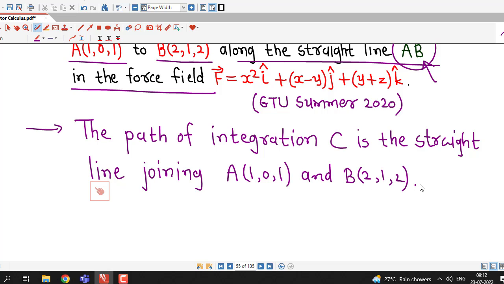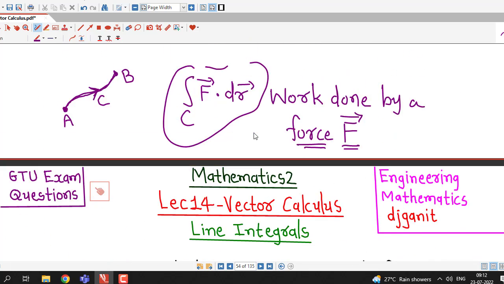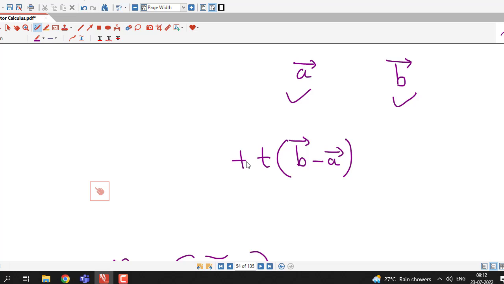So first we have to decide the parametric representation for this line AB. As we know, if we have two vectors, say A bar and B bar, and I want to find the representation of a line joining them, then first we find the difference of A bar and B bar, then we multiply this difference by t, and we add either vector A bar or B bar.